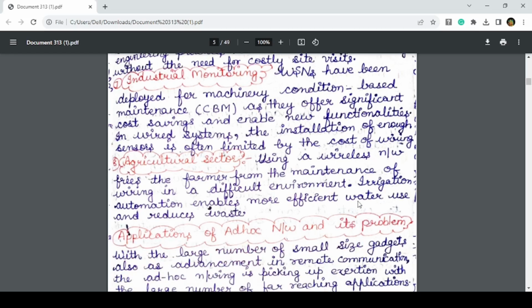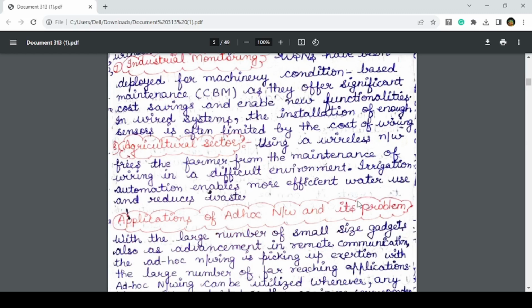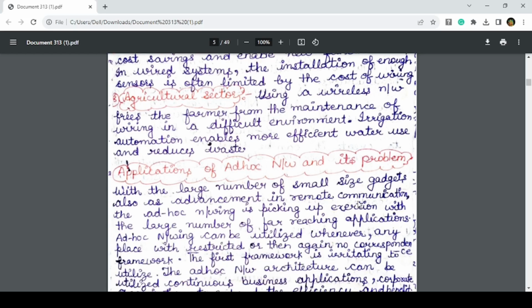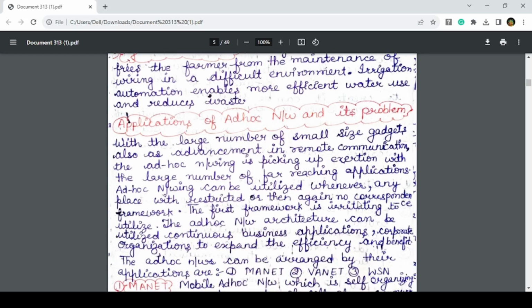Now I am going to discuss what are the applications of ad hoc networks and their problems. With the large number of small-size gadgets and advancement in remote communication, ad hoc networking is picking up momentum with a large number of far-reaching applications.